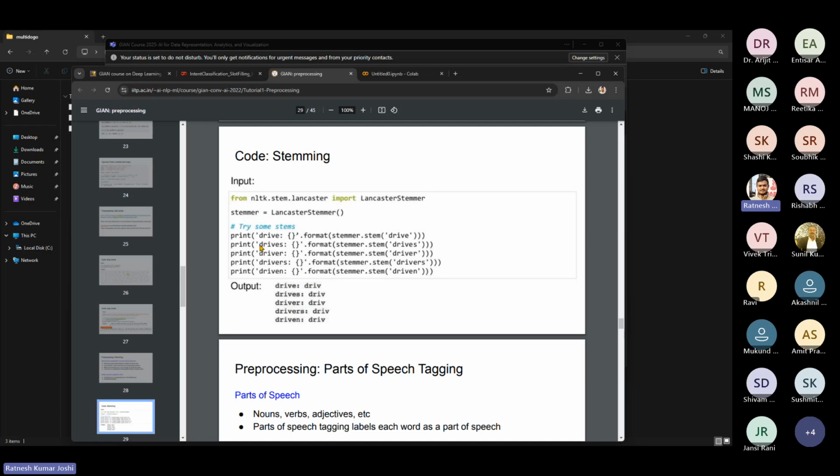For example, from drive we cut E, from drives we cut ES, from driver we cut ER. So instead of reducing the word to its actual base word, we get the base word by cutting letters.